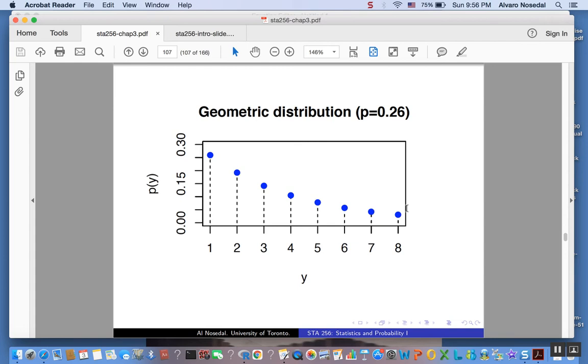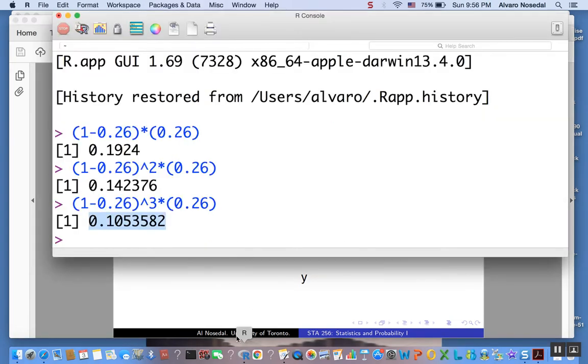It turns out that there's a built-in function in R that is going to help you find probabilities for a random variable whose distribution is geometric.